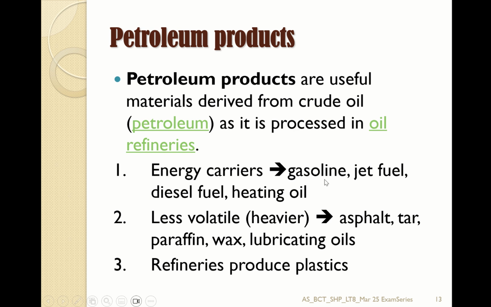It can be in gasoline, jet fuel, diesel fuel, and all these fuels. The heavier ones can be used to make tar on the road, wax and so on. And just now you saw the propylene and ethylene can be used to make plastics, polyethylene and polypropylene.